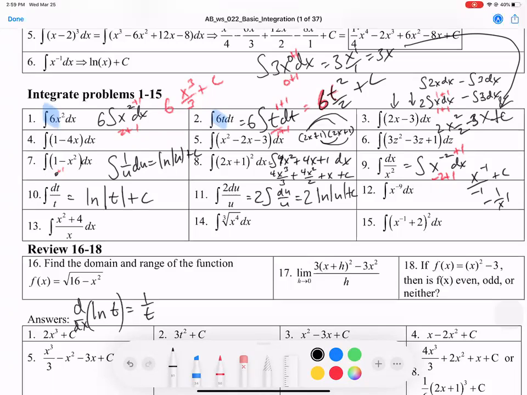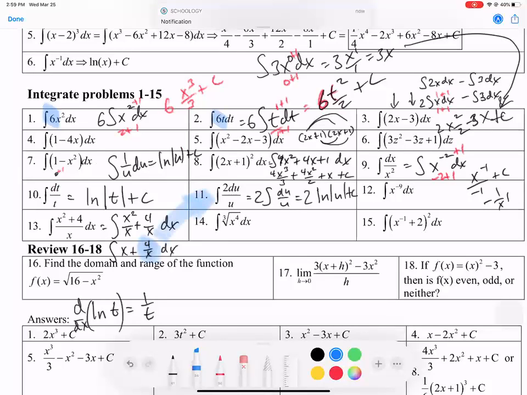Number 12 is like number 9. Number 13, we talked about this before, separating a fraction. Integral of x squared over x plus 4 over x dx. That's x plus 4 over x dx. Now this is a combination. This one here is like this problem here. And the second one is just the power rule.